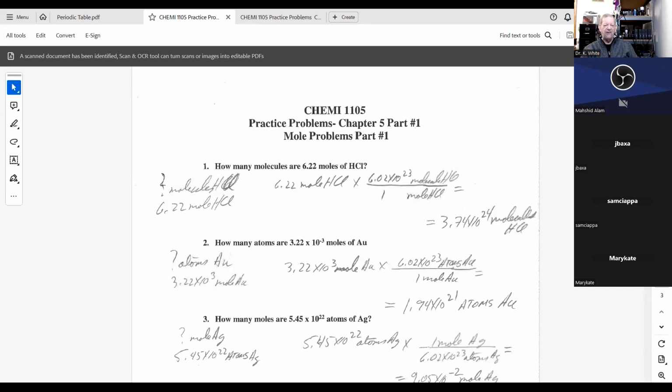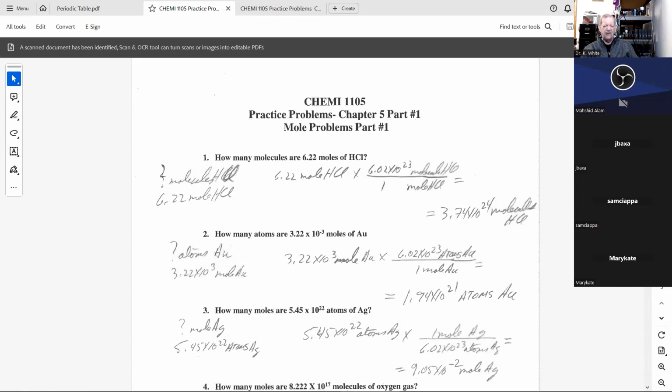You look at important information, test number 2. 1 mole of a compound equals Avogadro's number, 6.02 times 10 to the 23rd molecules of that compound. Now, 1 is an exact number, meaning it doesn't play a role in determining significant figures. But for my class, you should use this for Avogadro's number, which is 3 significant figures.